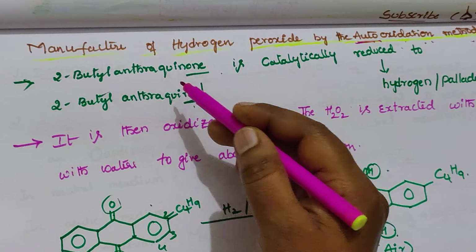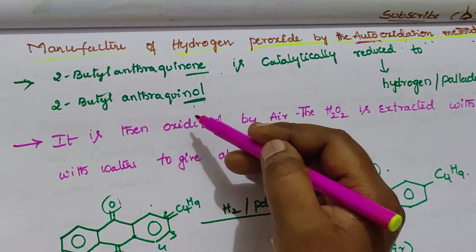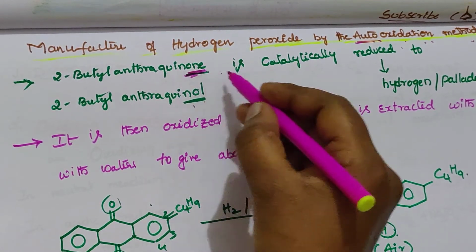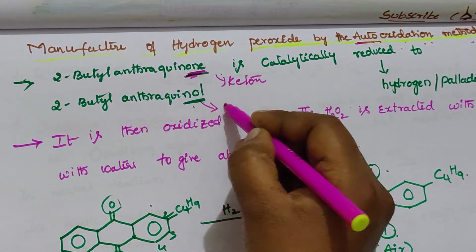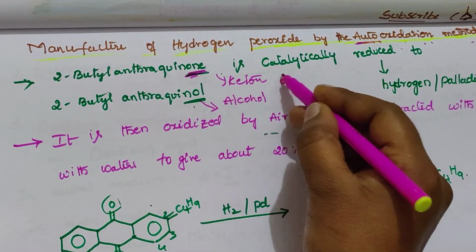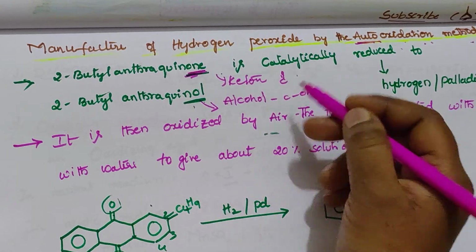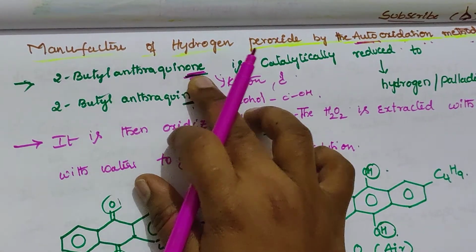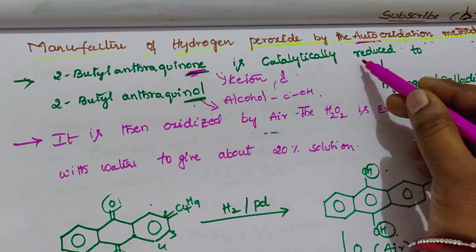The 2-butyl anthraquinone is reduced to 2-butyl anthraquinol. The ketone group, C double bond O, is present in the reactant, and the alcohol group, C-OH, is present in the product, so reduction takes place.